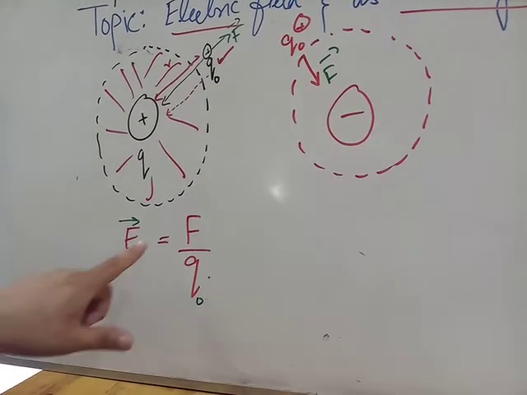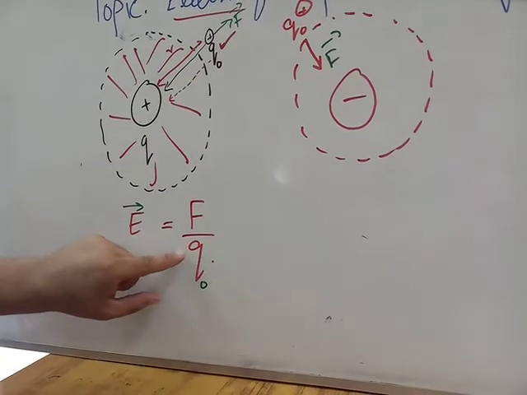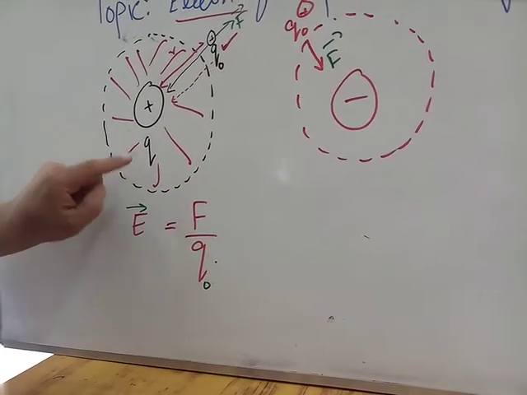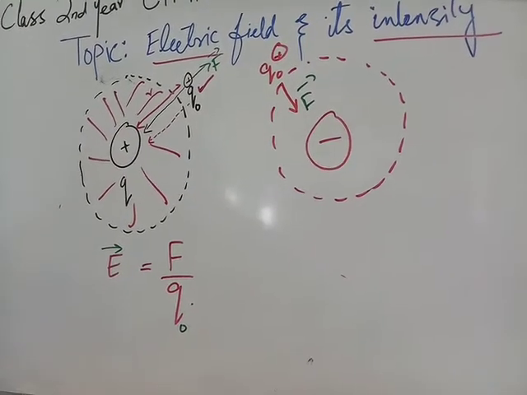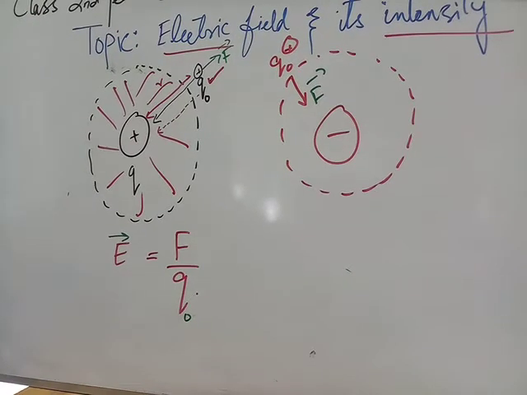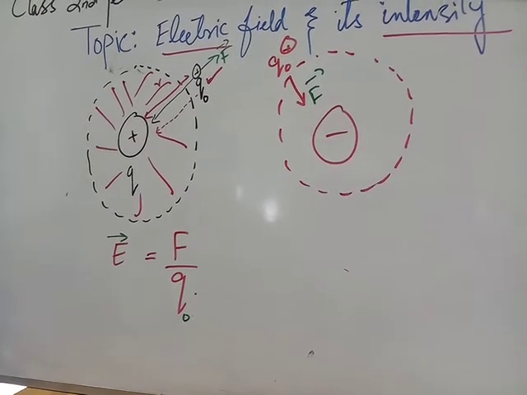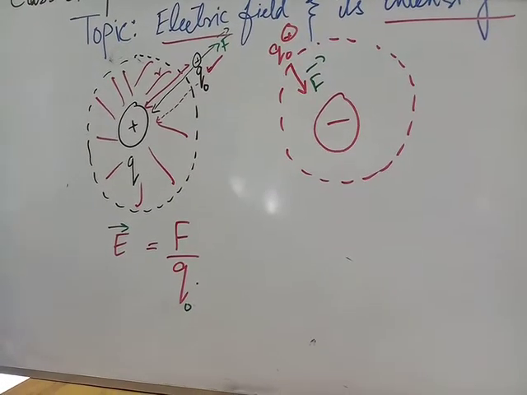When Q applies a force on Q naught, it determines the intensity of the charged particle Q. The electric intensity of an electric field at any point is the force per unit positive test charge placed at that point.